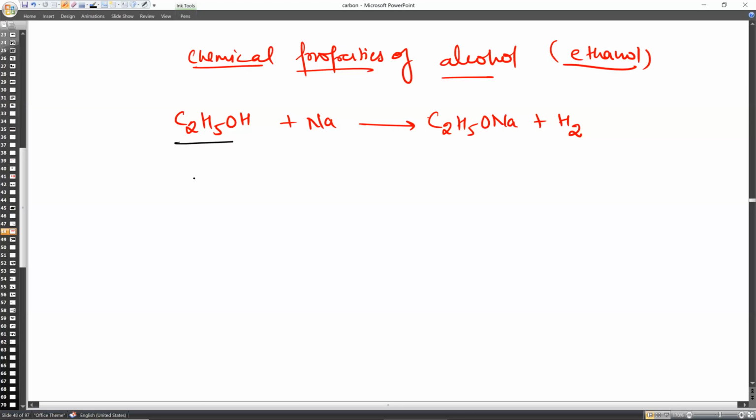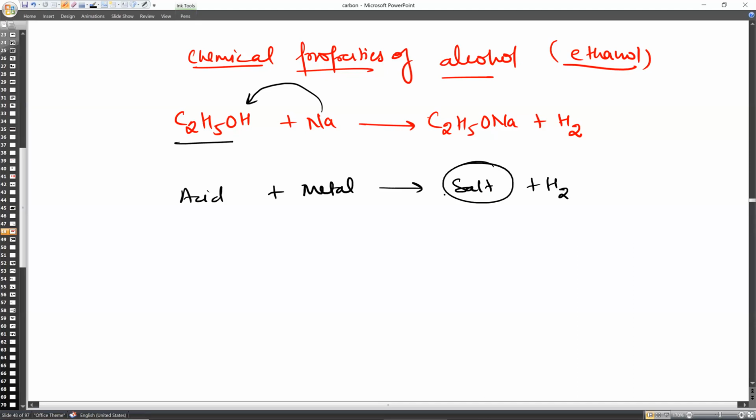if you need to note it down, this property is similar to that of acids also. Acids, when they react with metals, also give you salt plus hydrogen gas.